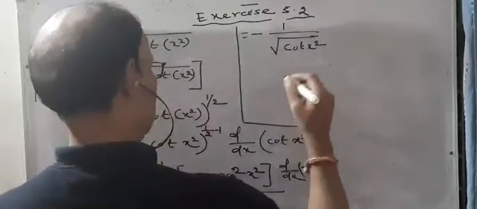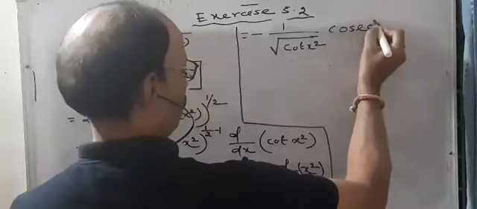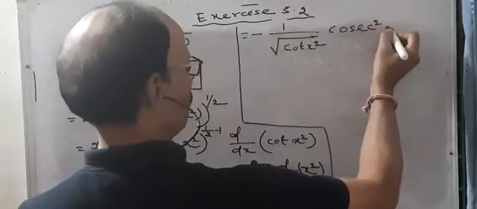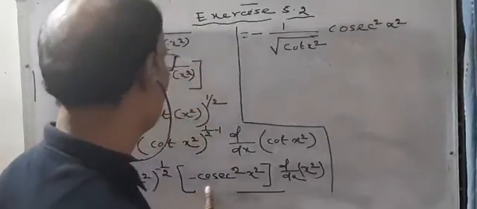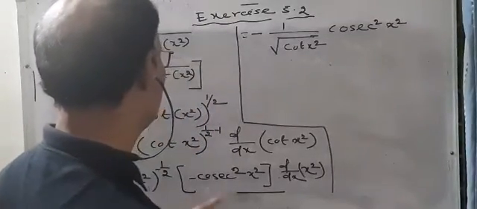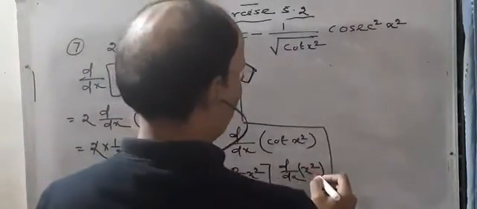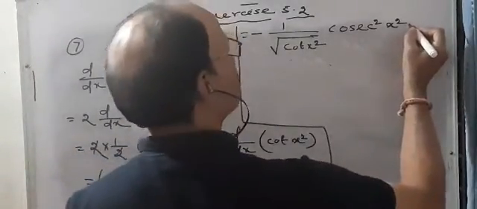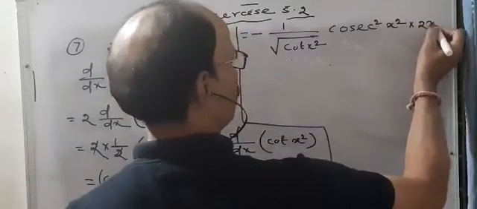Now cosec square x square, then the differentiation of x square will be multiplied by 2x.